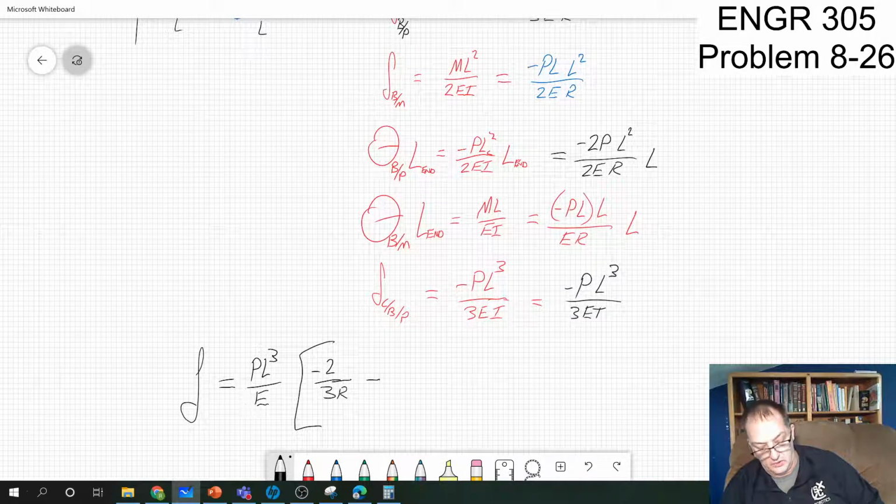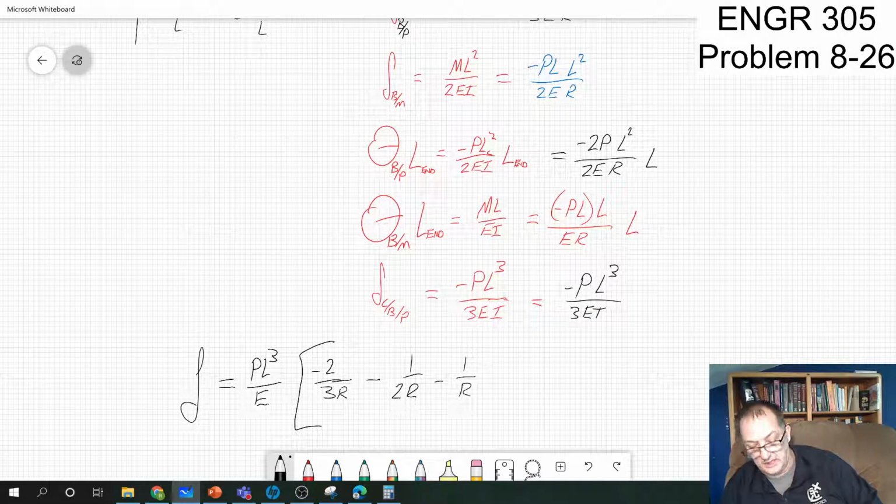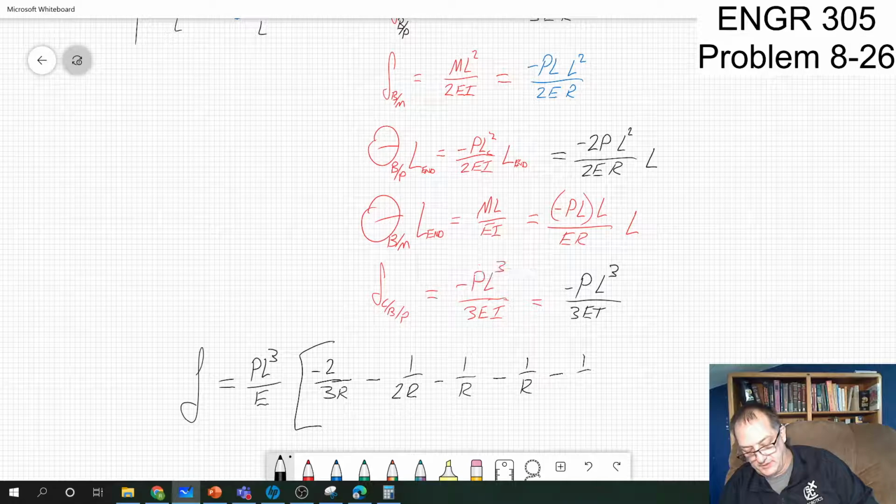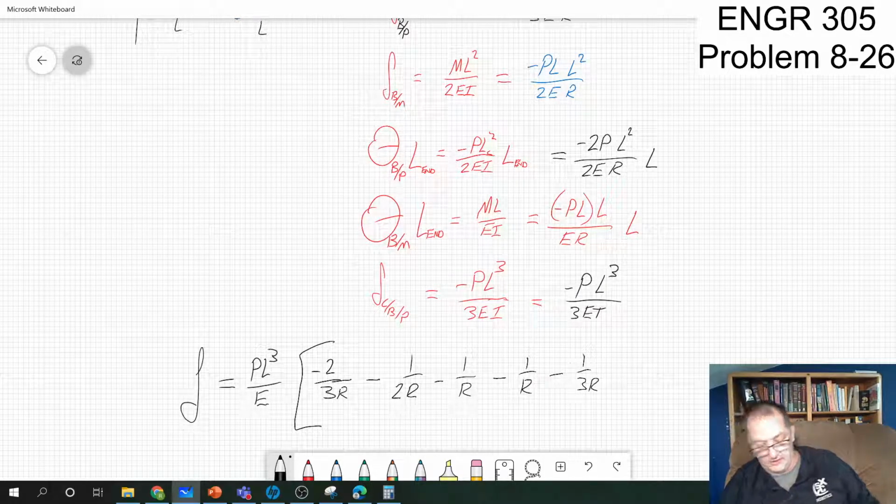Minus 1 over 2R. Minus 2 over 2 cancels, so it's a 1 over R. Minus, that doesn't have the 2's to cancel, so it's just a minus 1 over R. And then this last one is minus 1/3 over R.